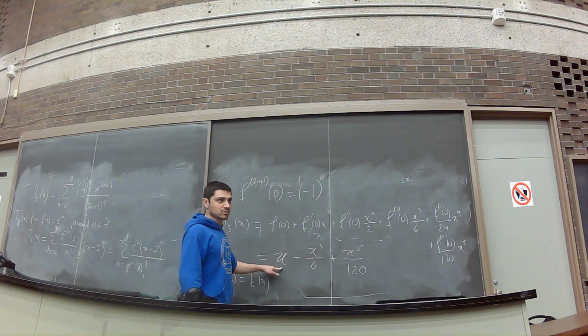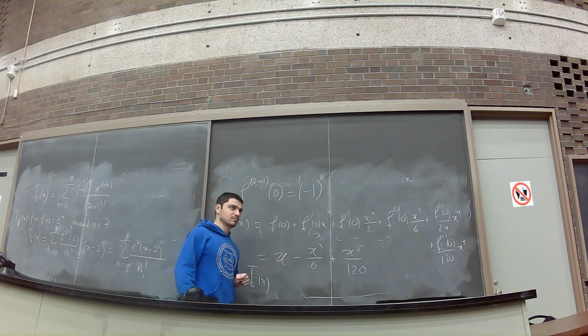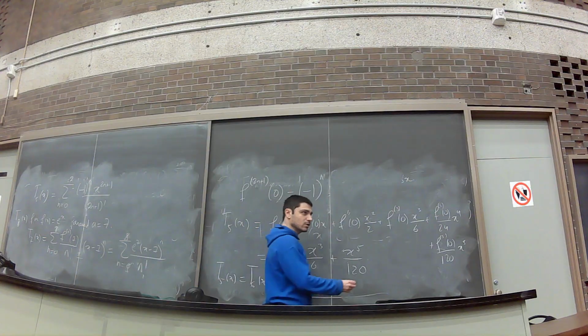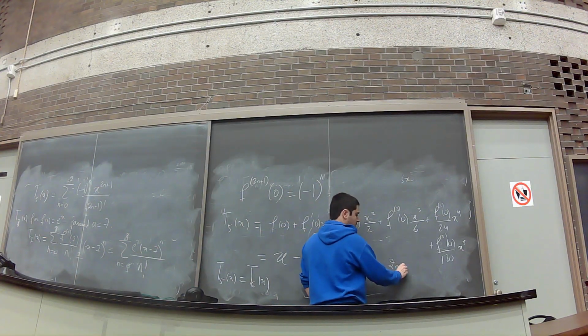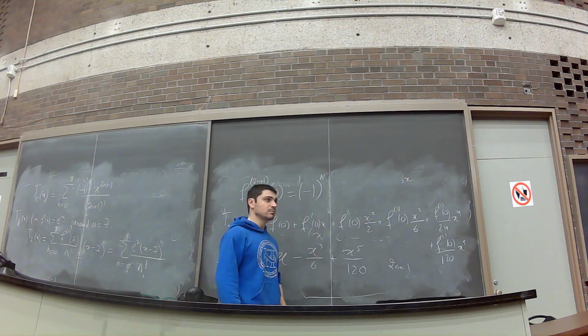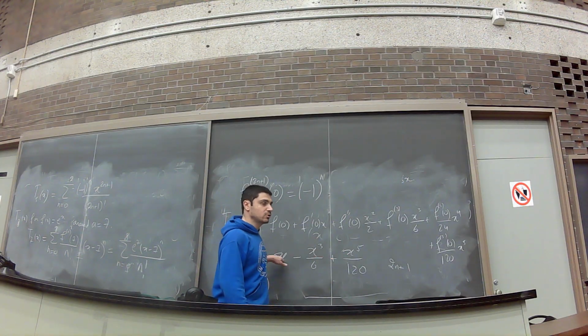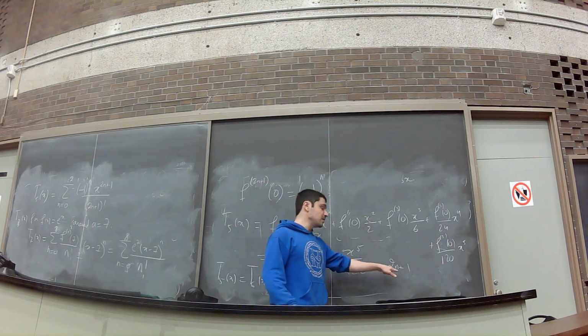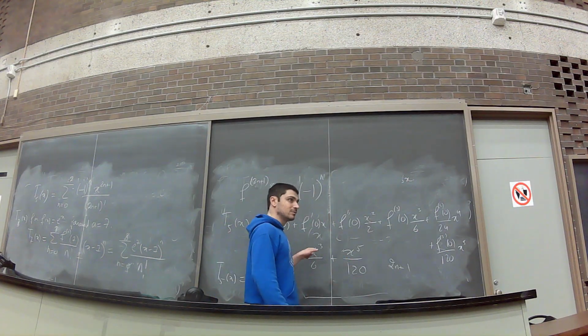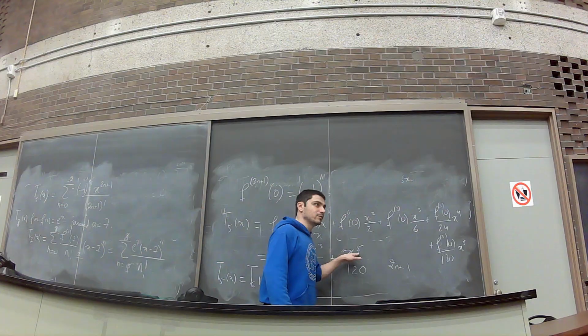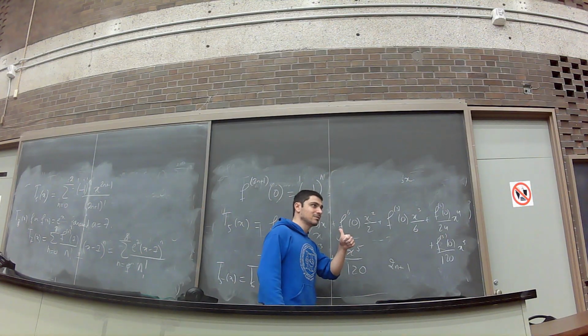Okay, you want to write it in a nice summation. Notice that the odd powers of x are appearing, right? And any odd number, you can write it in the form 2n plus 1. You agree? So, start with n equals 0. Which power do you recover? First one. Start with then n equal 1. Which power do you recover? Okay? Is that clear?